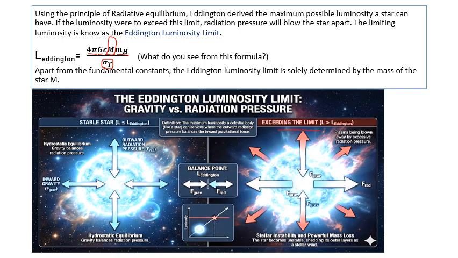It will explode. Therefore, this Eddington luminosity limit is a very important relation, because it determines what stars are going to exist in the universe. You can see in the diagram also, if the luminosity exceeds the Eddington luminosity limit, what will be the fate of the star?